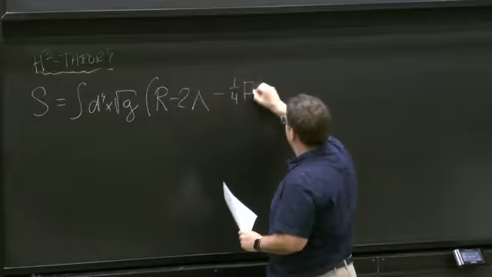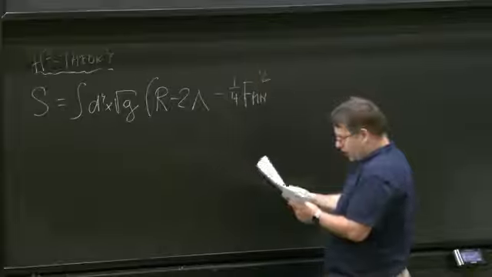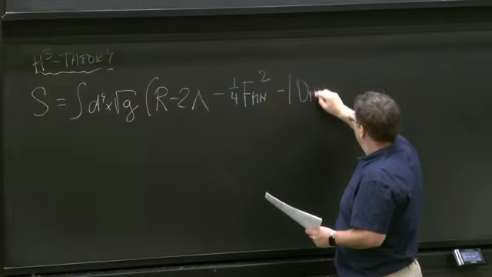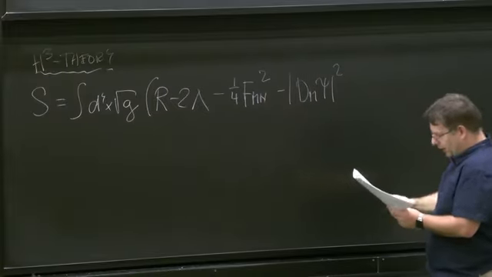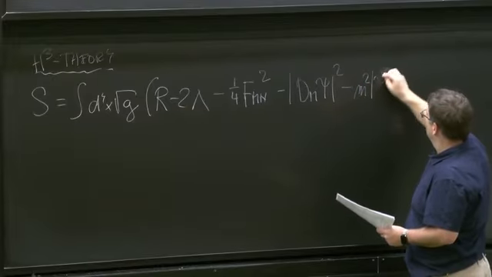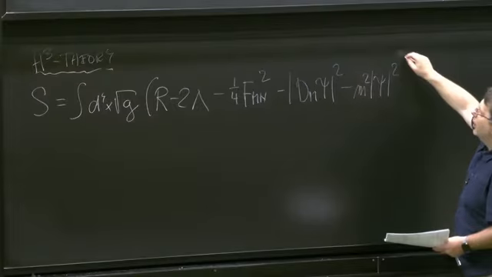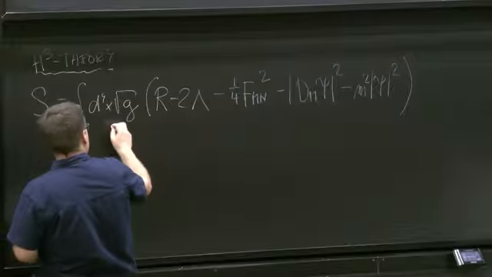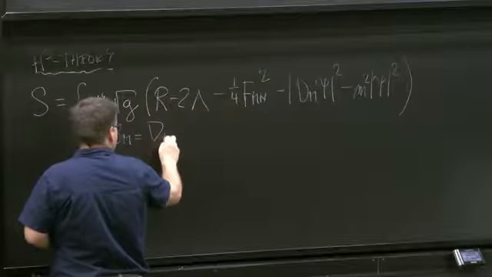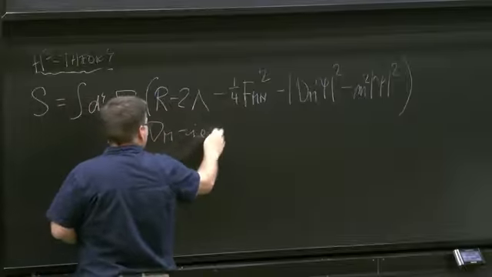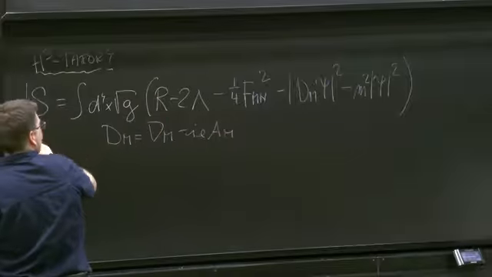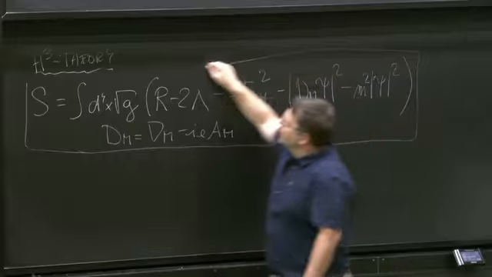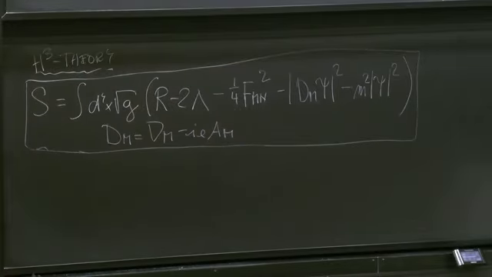You put the electromagnetic field F_mn squared, and then you put the complex scalar field psi with some mass like that, and here this covariant derivative is the covariant derivative with the vector field. So this D_m is just the covariant derivative nabla_m minus i e A_m. Okay. So that's the theory where you can get basically something like a holographic superconductor.